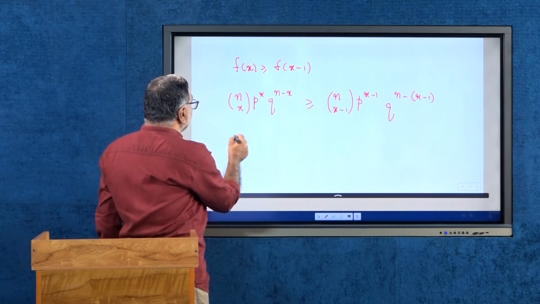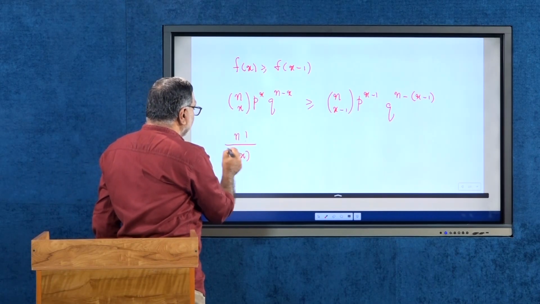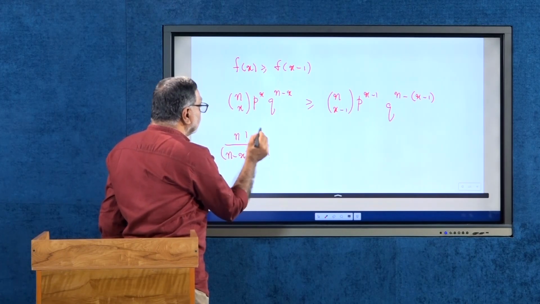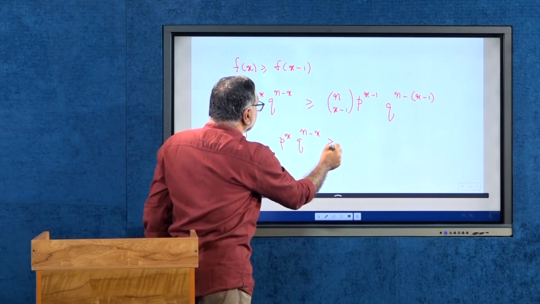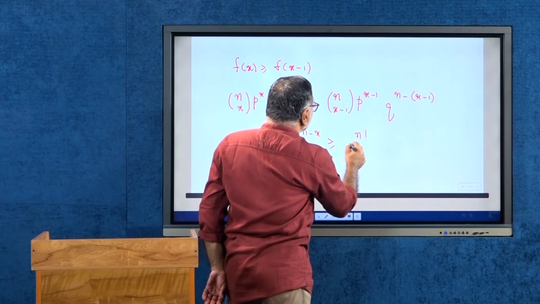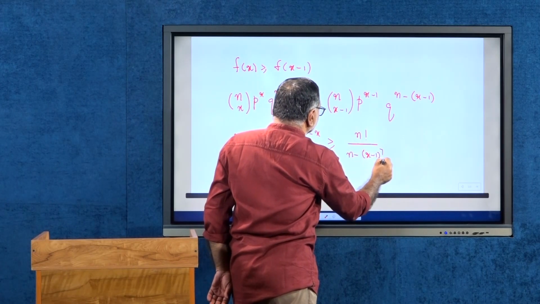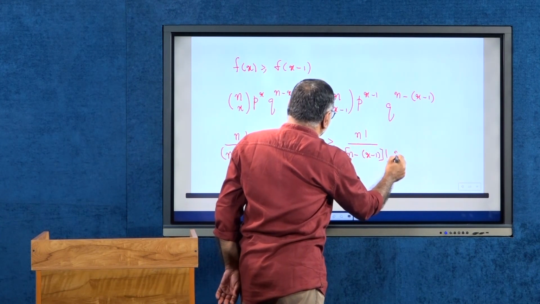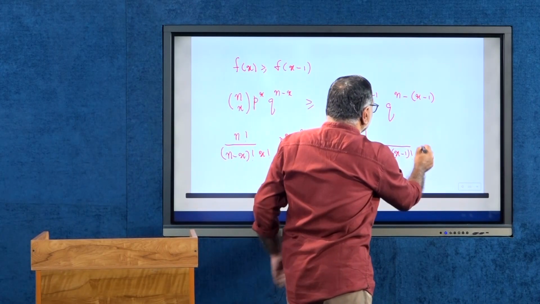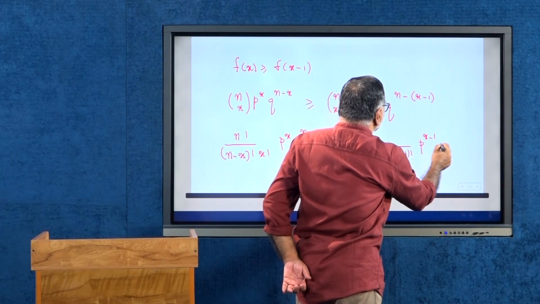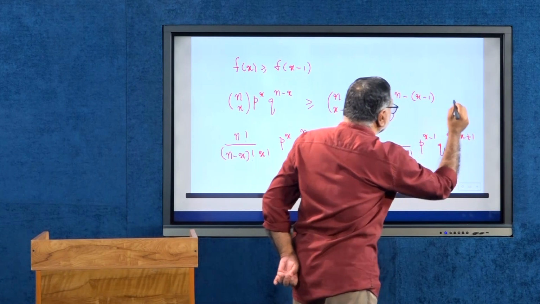And you simplify this; this can be written as n factorial divided by n minus x factorial into x factorial p power x q power n minus x greater or equal to n factorial divided by n minus x minus 1 factorial into x minus 1 factorial into p power x minus 1 into q power n minus x plus 1. Let it be like this.